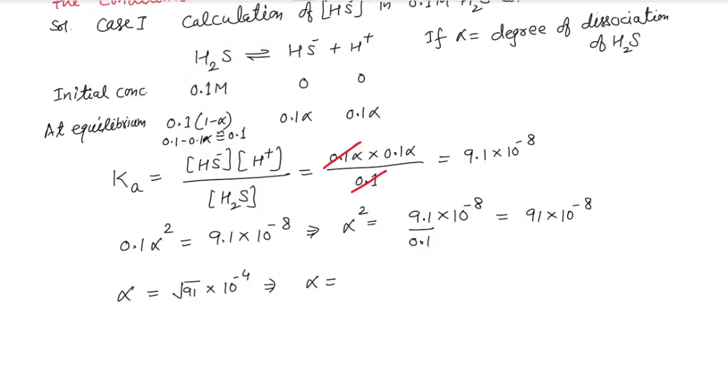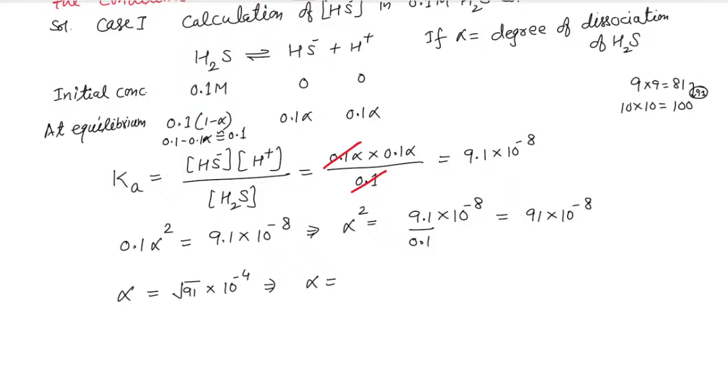What is the square root of 91? 9 nines are 81 and 10 tens are 100 and the value is 91, so it is almost midway.